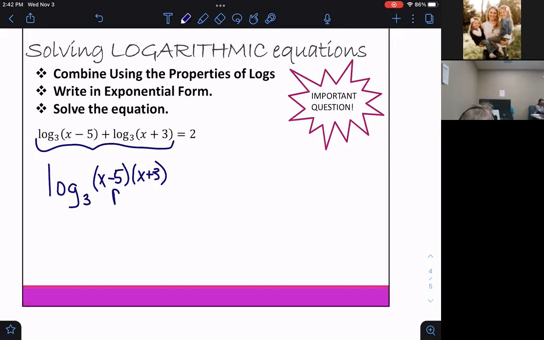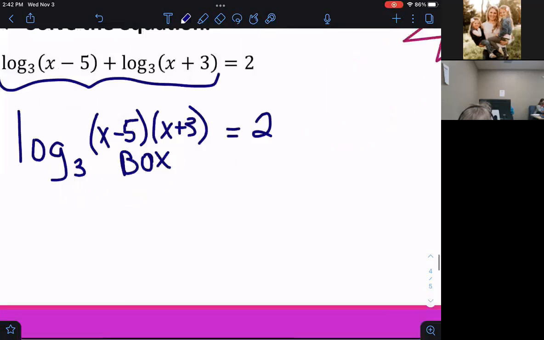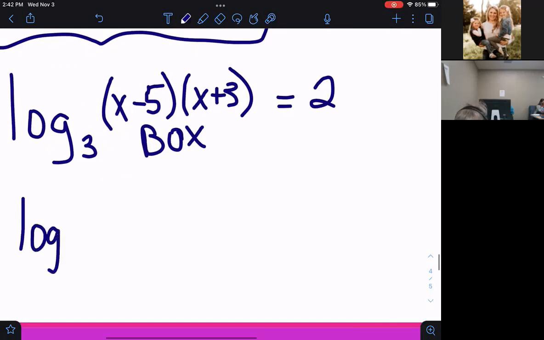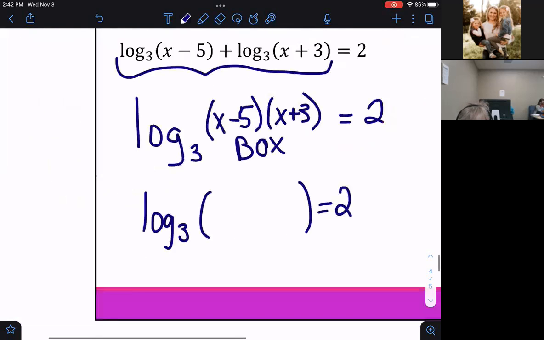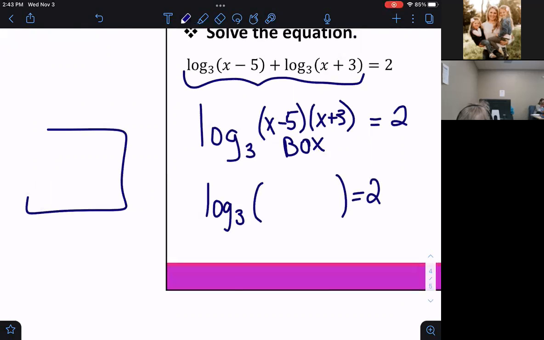This itself is actually a box problem. So we need to box x minus 5 times x plus 3. So I'm going to go off to the side and we're going to multiply those together.